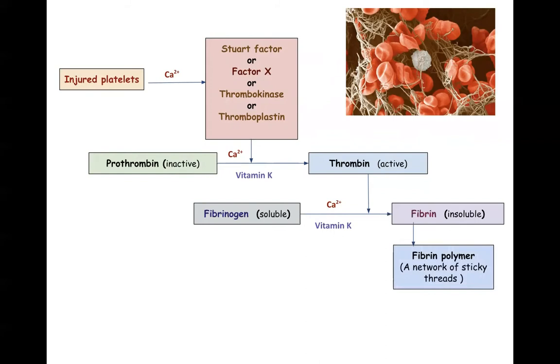It's a network of sticky threads, as you can see here. Once this network of sticky threads has been formed, it will plug the opening of the injury, and any oozing out RBCs or platelets stick to it. This will now be called a clot. So a clot or a thrombus is formed when the injured platelets release thromboplastin.